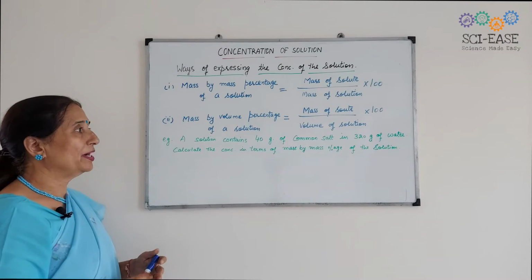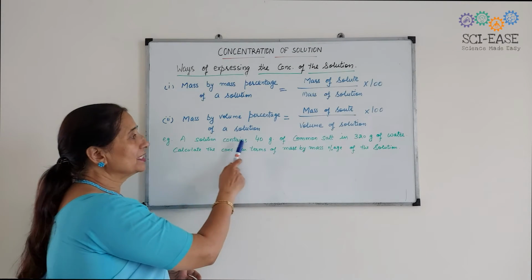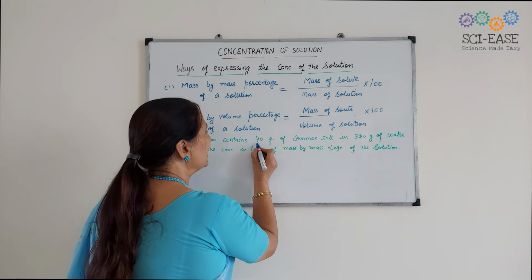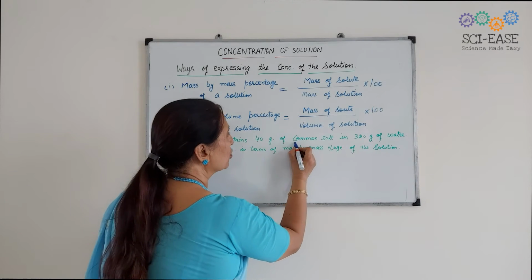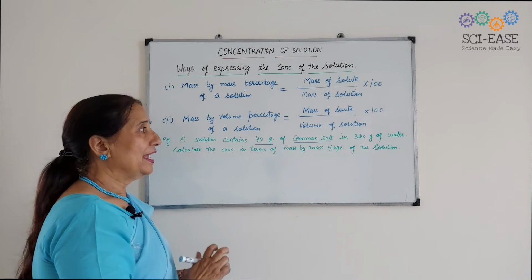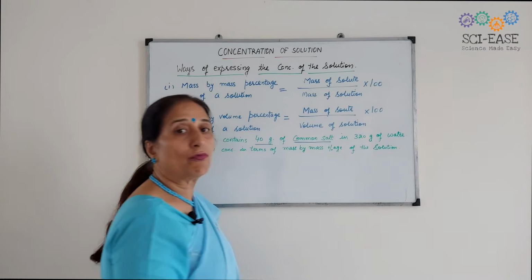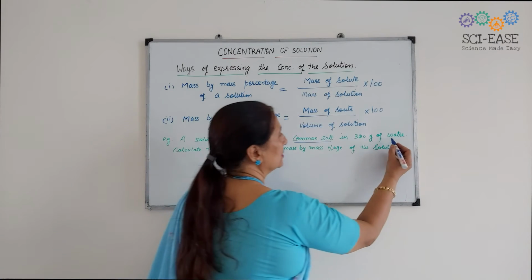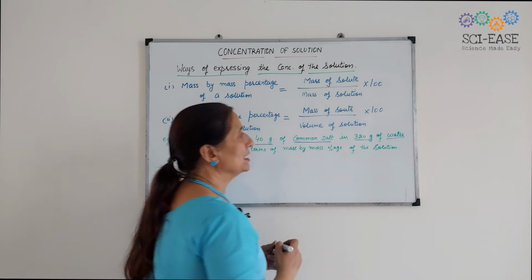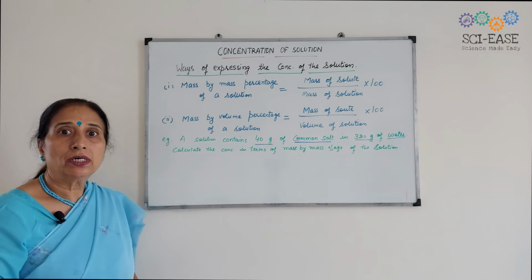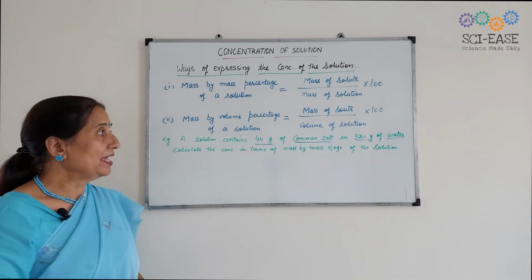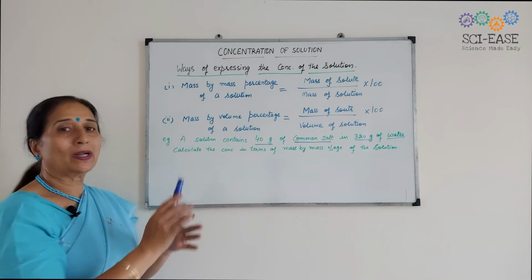The statement of the numerical is, a solution contains 40 grams of common salt in 360 grams of water. This means that the solute is common salt and it is 40 grams. The solvent is water and 320 grams of water is there, in which 40 grams of common salt is dissolved.